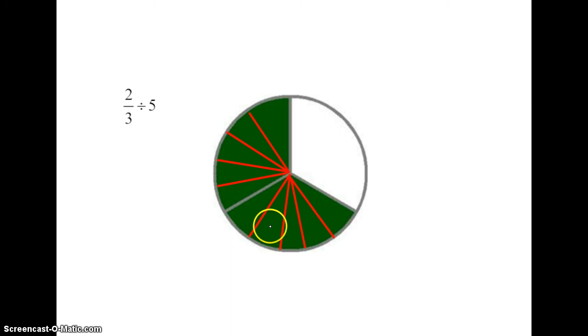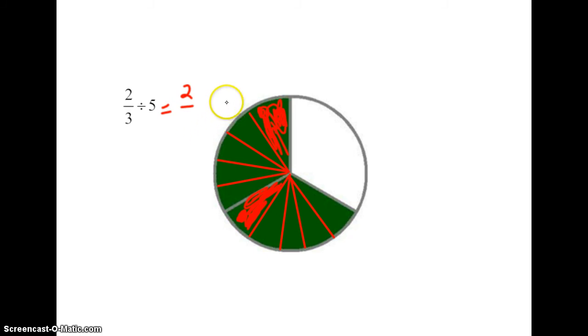Okay, so now we have 2/3 and we divided it by 5. So one of these sections would be colored in from the 2/3, and another section from the second 2/3 would be colored in. So now we have 2 sections, but out of how many total?